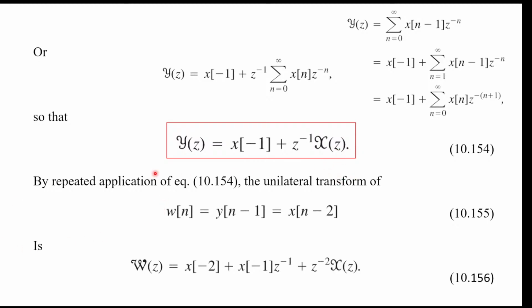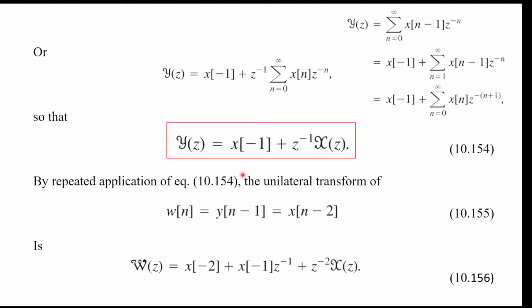It's a bit funny because we keep saying we only care about causal signals, but we have x of minus 1 here. But we will see that this makes sense when we talk about solving the initial value problem for a difference equation.